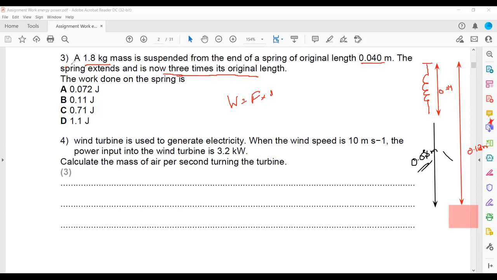And what about the force? The mass is 1.8, but mass is not the force, weight is the force. So to get the weight, it will be 1.8 multiplied by 9.81. That will be the weight times the distance 0.08. So 1.8 multiplied by 9.81 times 0.08.